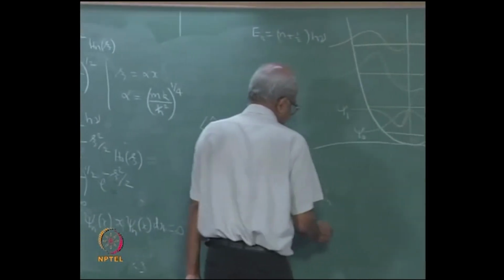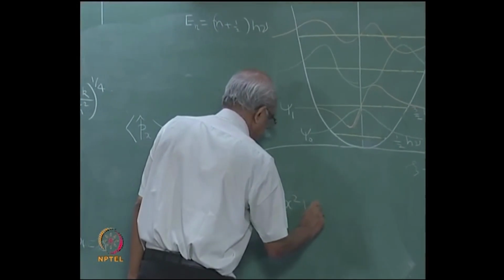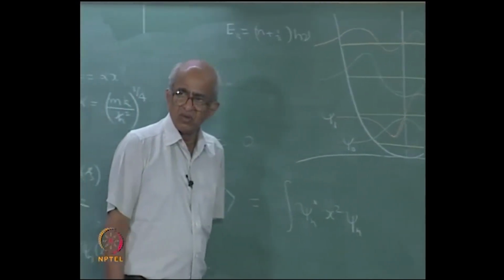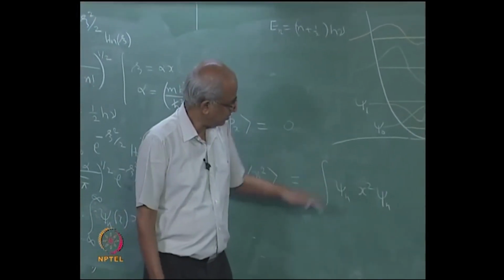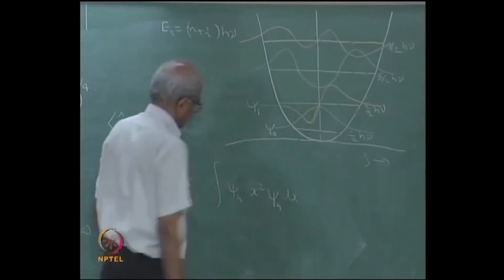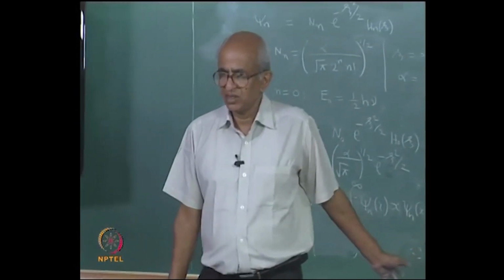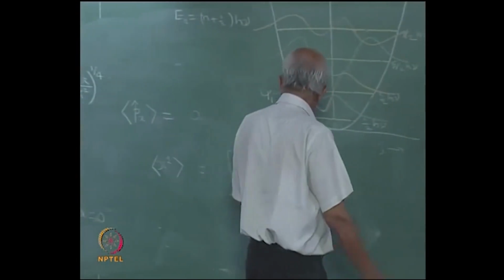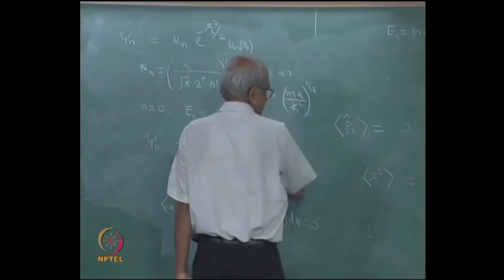So, let us say I have psi n, x square, psi n. I am not going to put the star here, because the function is real and therefore star has no effect. So, I want to evaluate this integral, that is the expectation value of x square. And here you have things written in terms of x, you will have to change over to your c, that is better.